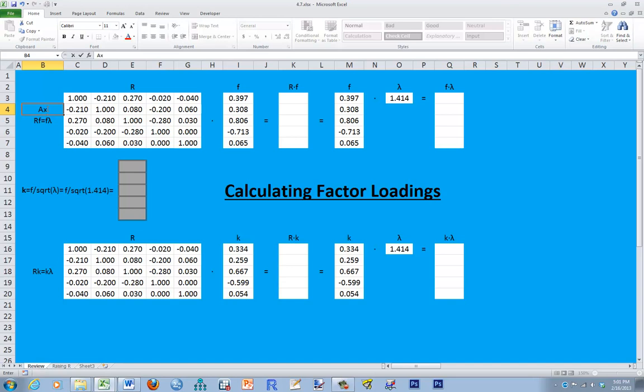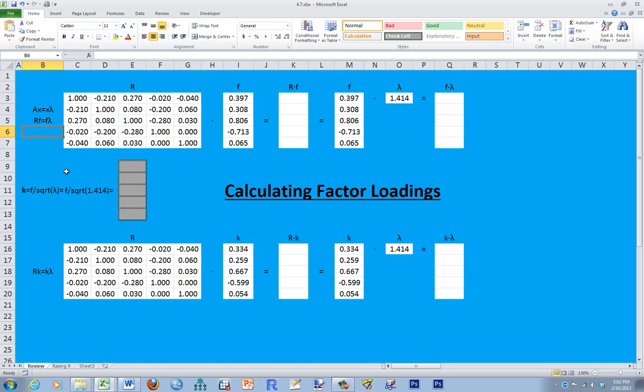A is either a correlation matrix, covariance matrix, or SSCP matrix, and you post-multiply that by a vector x. And when you do that, that vector will produce x times a constant lambda, where, if you recall, the vector x is an eigenvector of matrix A, and lambda is the eigenvalue corresponding to that eigenvector.